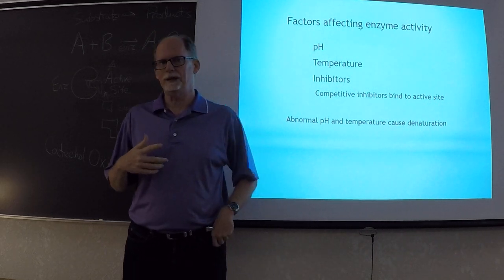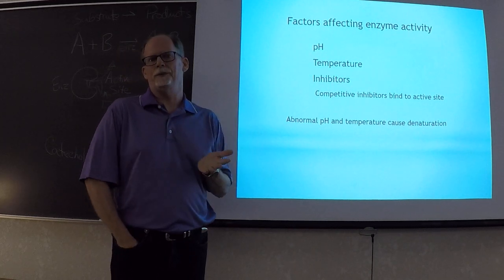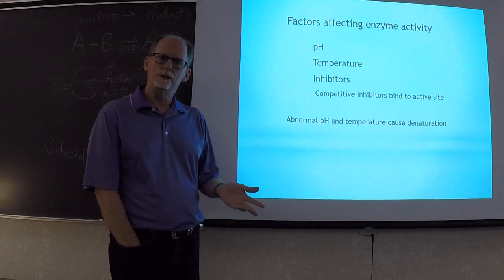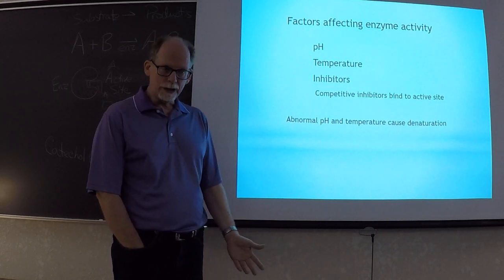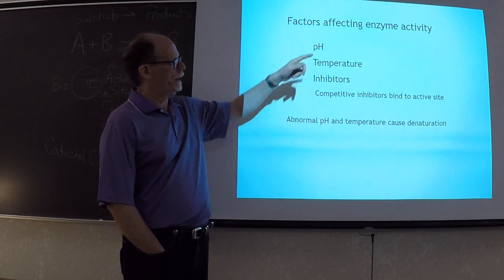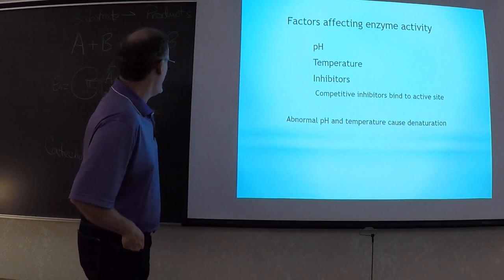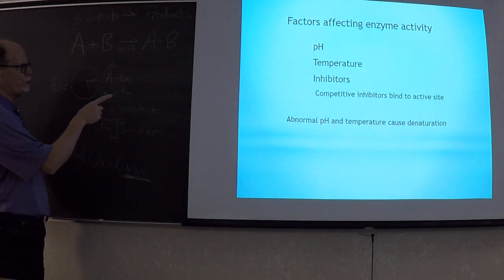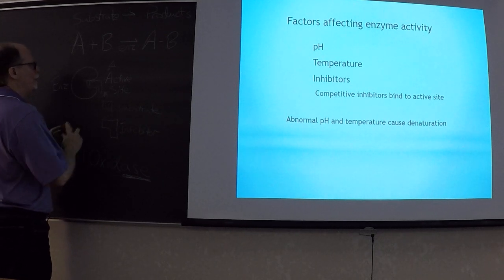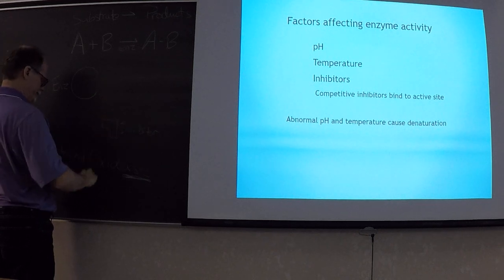We would expect most enzymes to work best in living systems at around neutral pH, pH 7. When they get too low, like pH of 3, that's a very low pH, we would expect that the enzyme would stop making product, maybe. Because if you don't have the right pH or temperature, you might affect the shape of the active site.